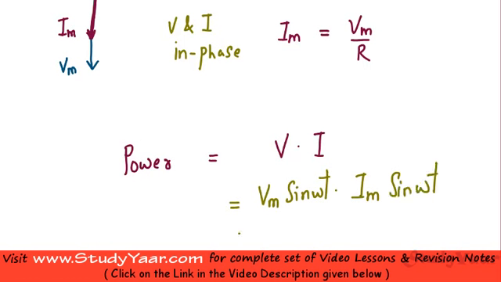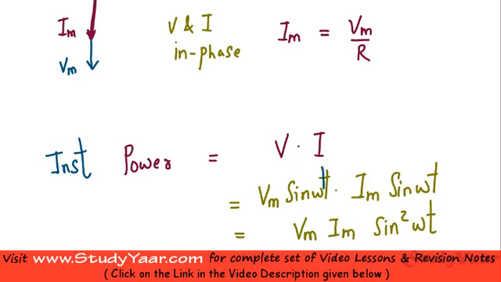So your power is simply Vm into Im sine square omega t. Just realize this is your instantaneous power. This is the power at a certain instant, at a given time t.